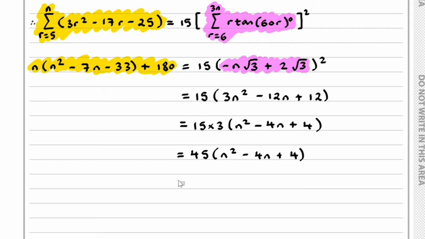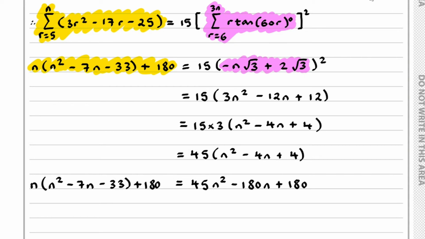And if I expand the brackets, I have 45n squared minus 180n plus 180, and I know already that this is equal to n times n squared subtract 7n subtract 33 plus 180. So this result is what we had over here.